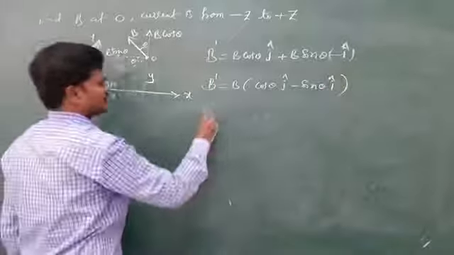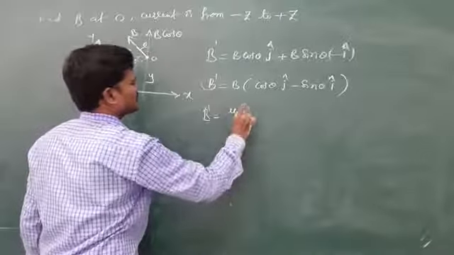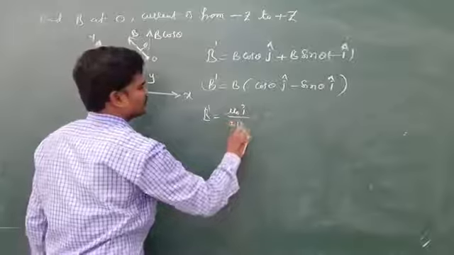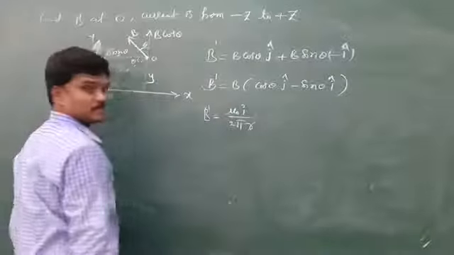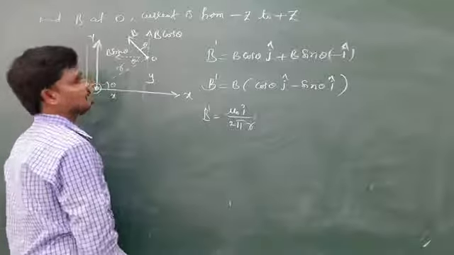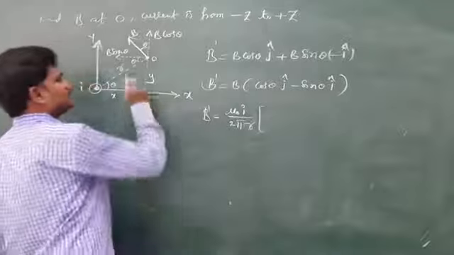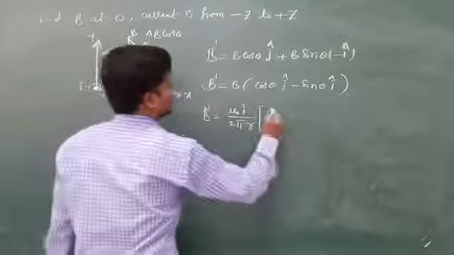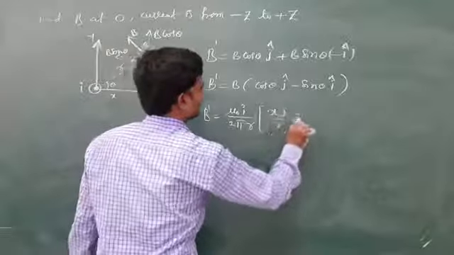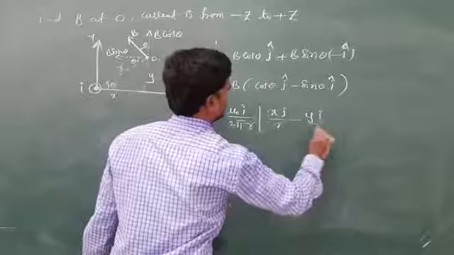Let us extend this. B dash is equal to mu naught I by 2 pi r, where r is root of x square plus y square, times cos theta. From this diagram, cos theta is x by r, so x j by r minus y i by r.